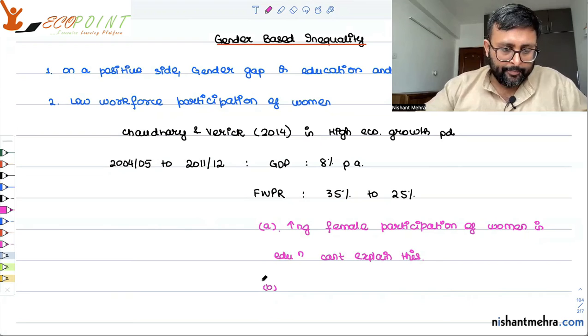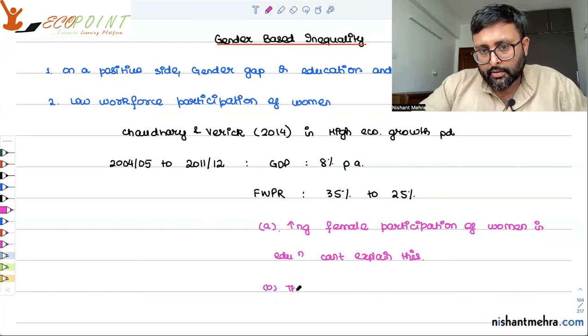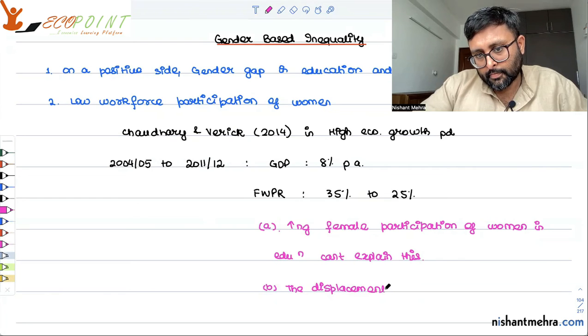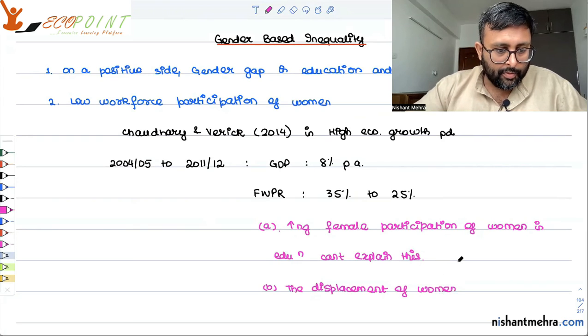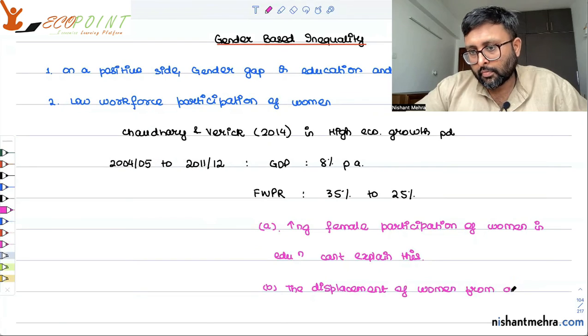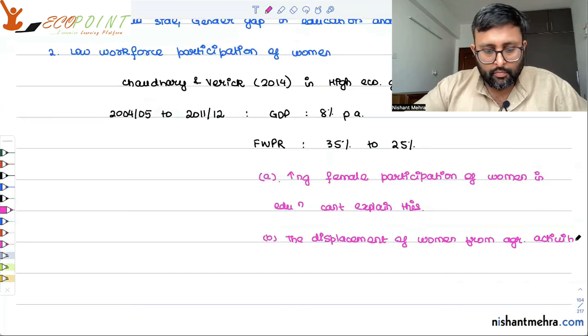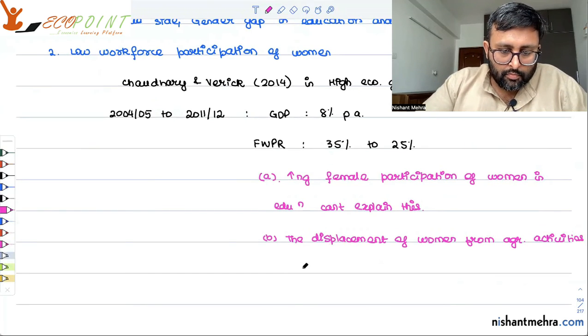So that also could explain the displacement of women from agricultural activities due to mechanization.